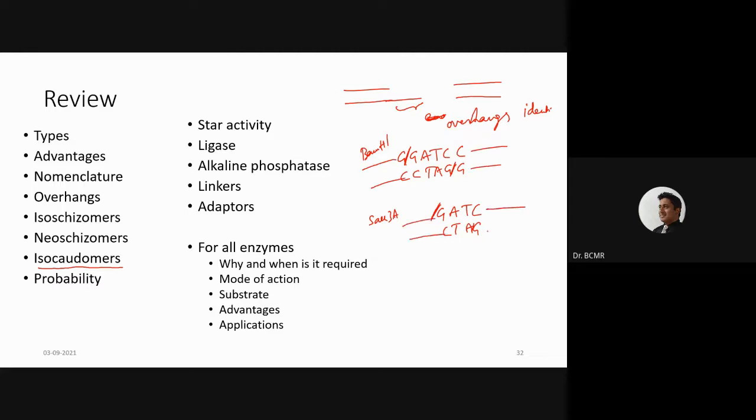So this is the DNA. If you cut this DNA with BamHI, you will end up with G and GATCC this way. This is the BamHI overhang. It would be the 5' overhang. Now look at the products of Sau3AI. You will get GATC, right?